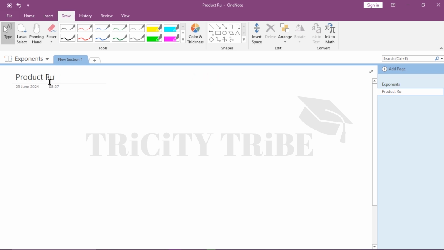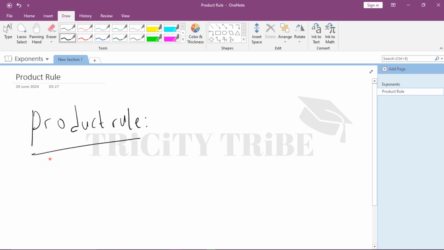What does the product rule say? When you're dealing with the product rule, this is how it appears.